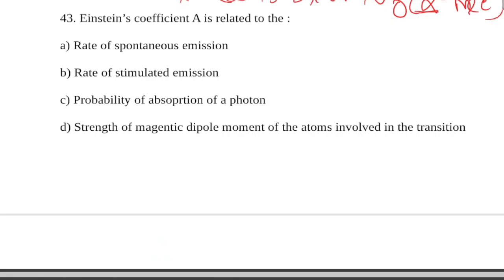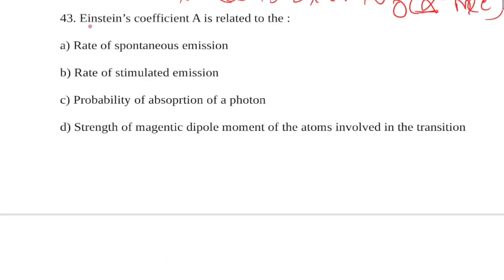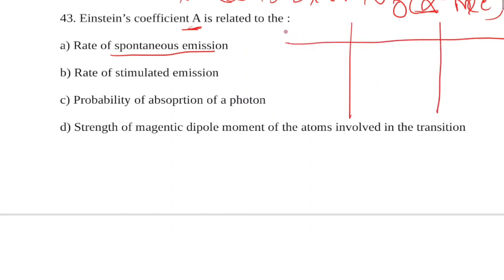Next, question number 43. Einstein's coefficient A is related to the spontaneous emission. Okay, actually we know there are three coefficients. Okay, one is the stimulated absorption.